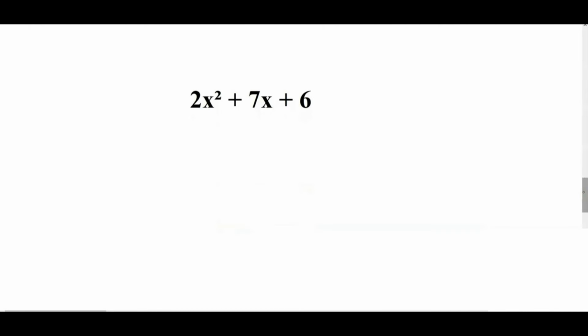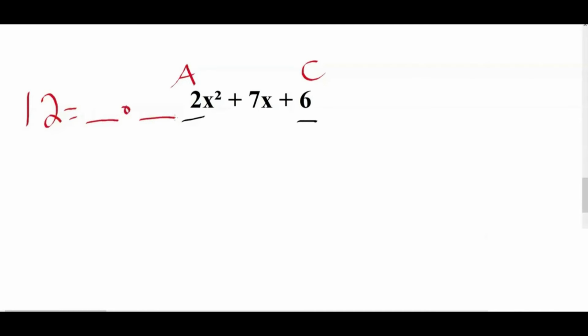So let's say, for example, I had 2x squared plus 7x plus 6. Now my a term is actually a number bigger than 1, and my c term here is 6. I'm still going to start out exactly the same way. Okay, so I've got 2 times 6. That's going to give me 12. So with this, in this specific problem, the a term isn't just 1.